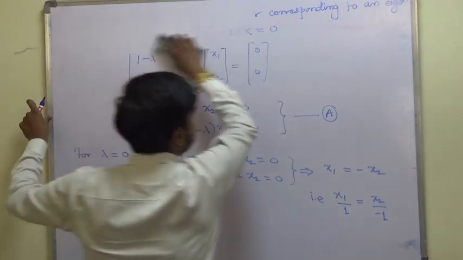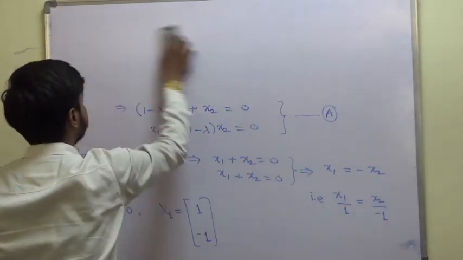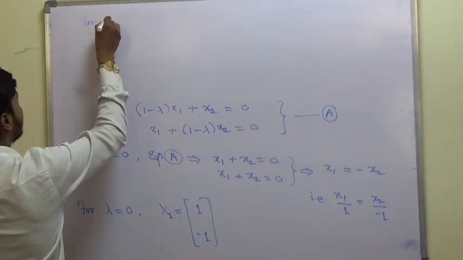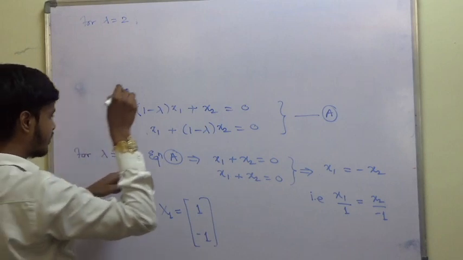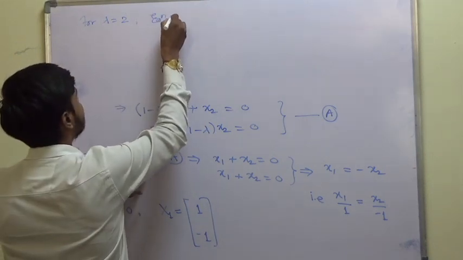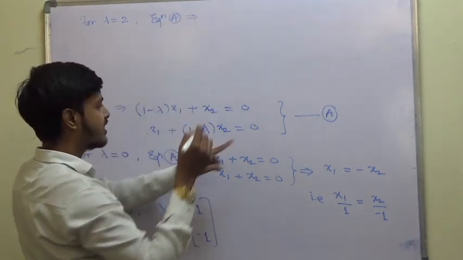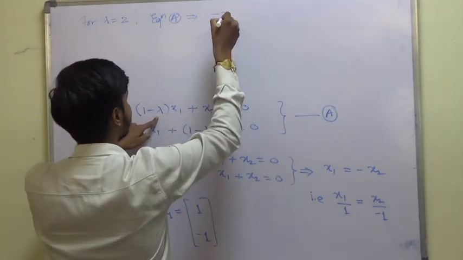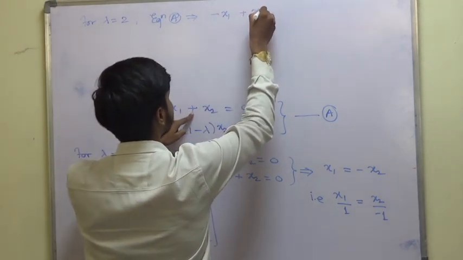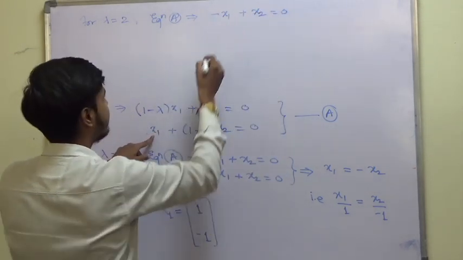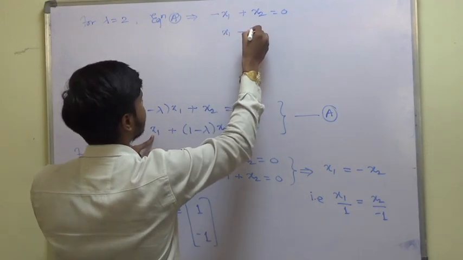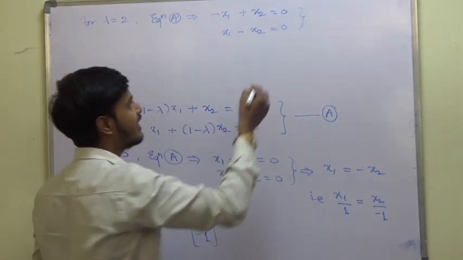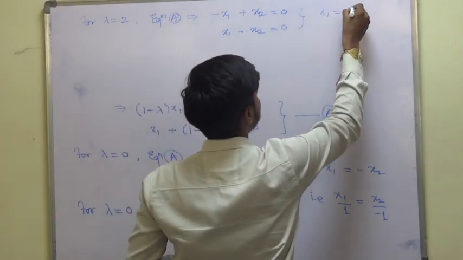So let me rub this. So I will write for lambda is equal to 2, equation A will imply, equation A is this. Okay. Now put lambda is equal to 2. So what is it? Minus x1 plus x2 equal to 0, and here x1 minus x2 is equal to 0. So both these equations will imply x1 is equal to x2.